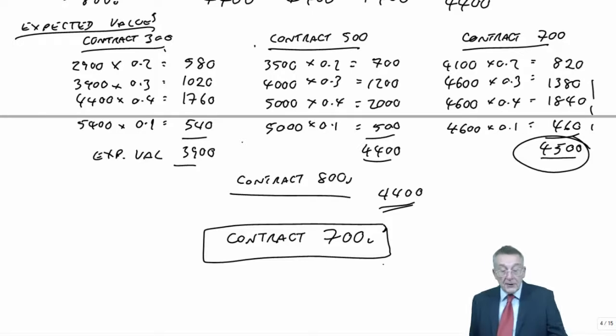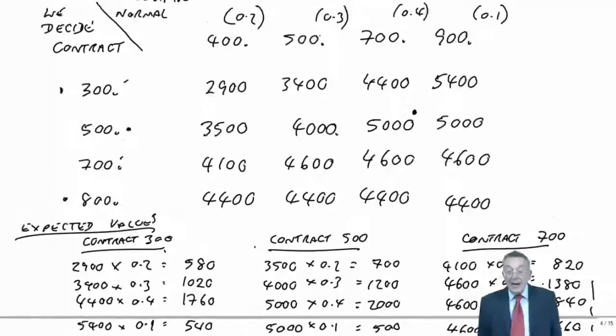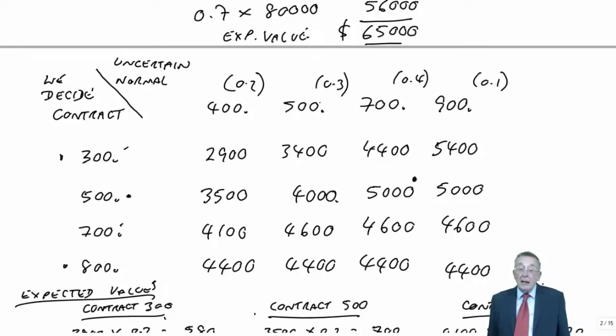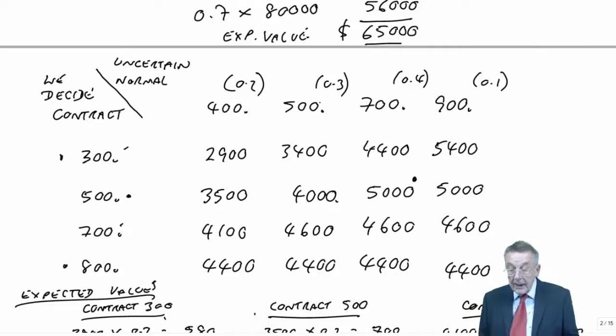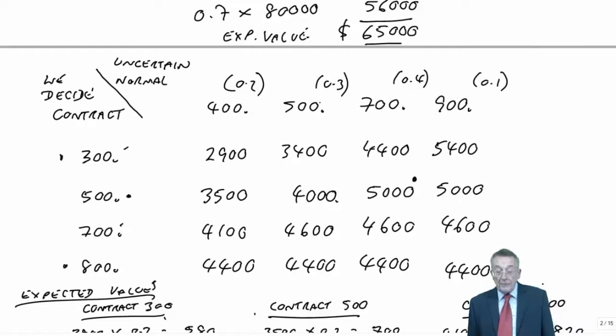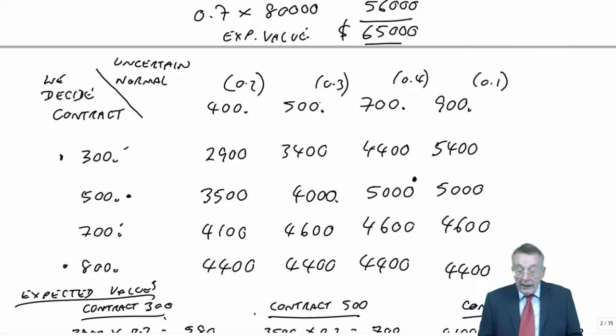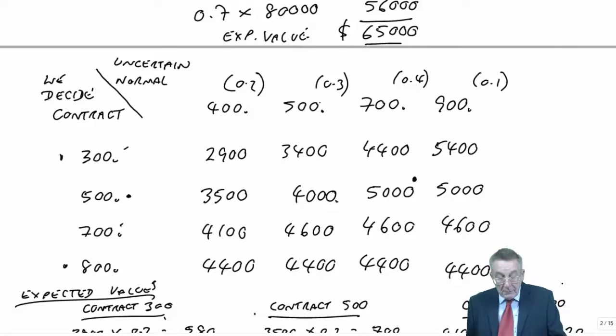And the other problem, of course, is getting the probabilities themselves in real life. How on earth are you going to be certain that those probabilities are correct? And any change in the probabilities could, very obviously I hope, end up giving us a different decision. Okay, that was expected values.